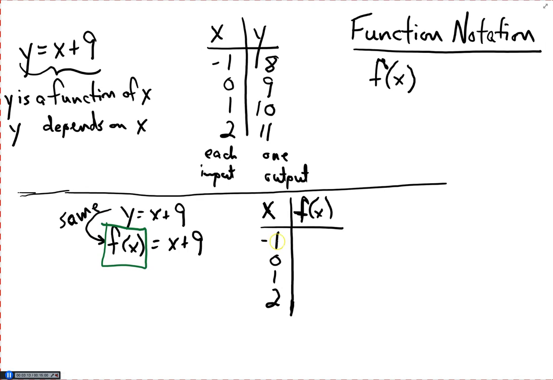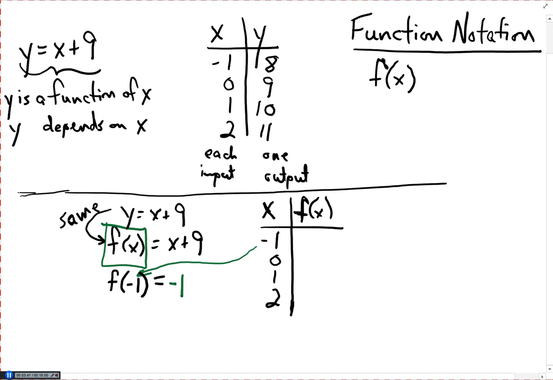If I want to know the value of the function when x is equal to -1, I can write it like this. f of -1. Notice I just took my value for -1 and I just plugged it in right where the x goes. So I have f of -1 equals, again, I'm taking my -1 value and plugging it in for x. So let me plug that in right here.